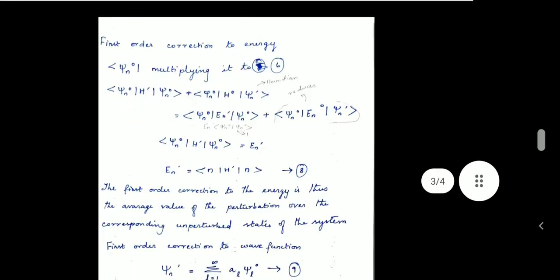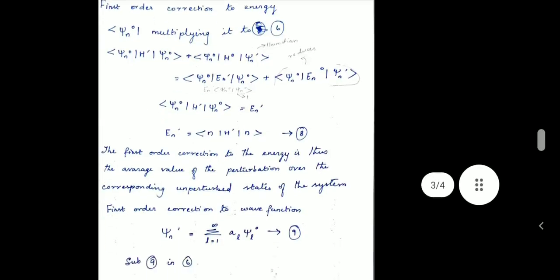and when we reduce all these terms, we get the equation as E n dash is equal to bra vector of psi n naught H dash ket vector of psi n naught. And this is the first order energy correction, thus the average value of the perturbation over the corresponding unperturbed state of the system.